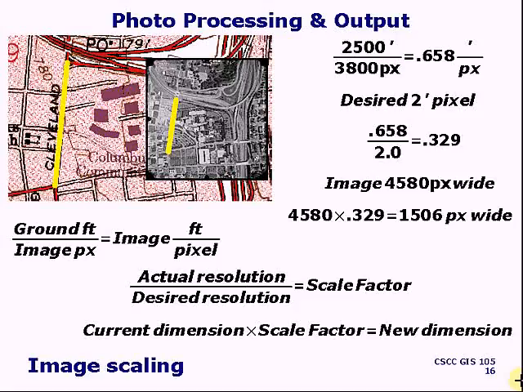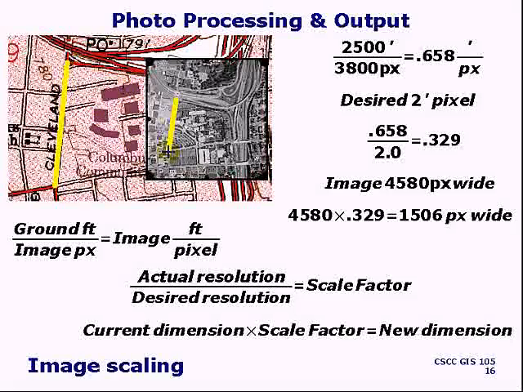We take two points and ask how many feet on the ground there are between two road intersections. In this case we've got a map. We know the map is 1 inch equals 2,000 feet, so we can measure that distance based on the map scale. We know that the image has a certain distance, whether we are talking about inches or pixels.